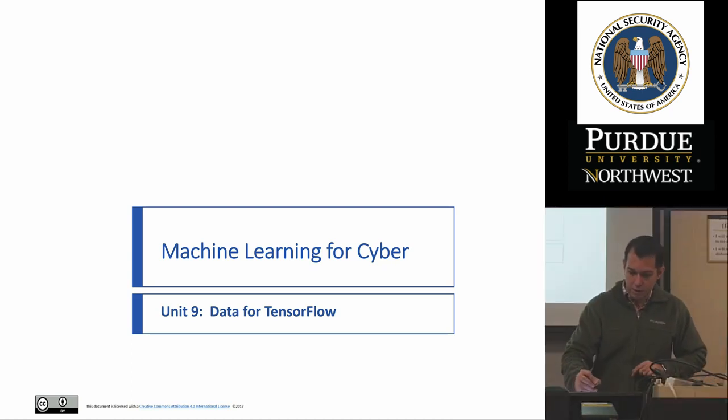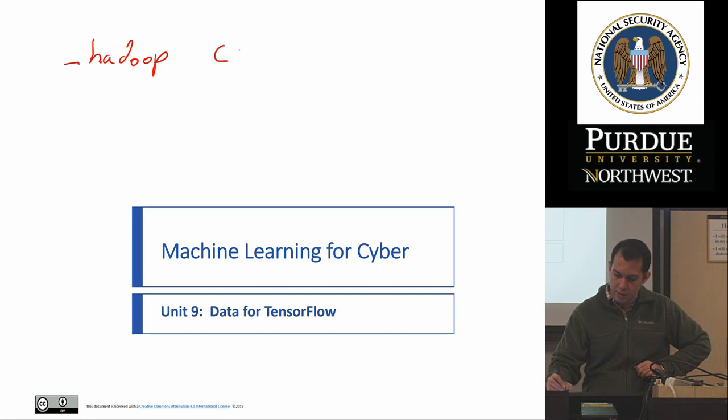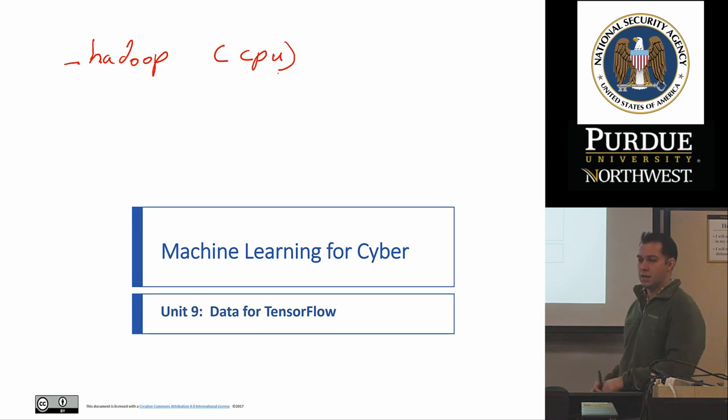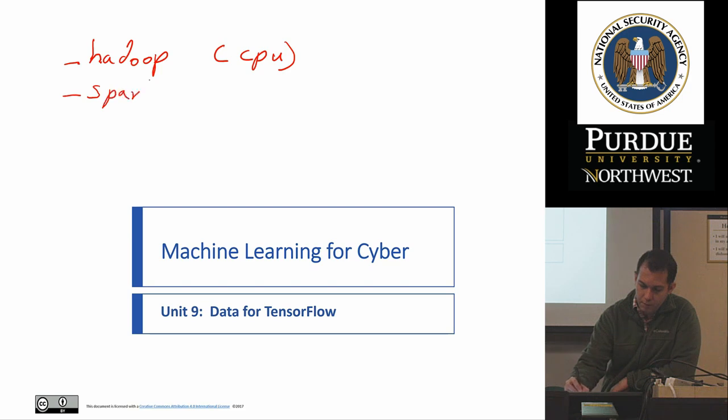So for instance, there's several solutions. One of them is something called Hadoop, right? And so that's one alternative. This is a CPU-based application. Also similar to this one, there's a framework called Spark, all right?